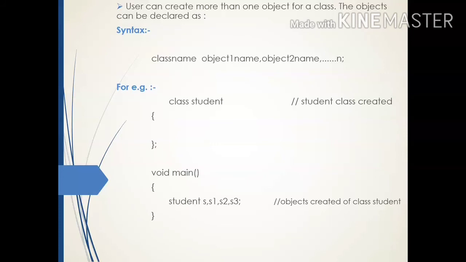Again here my class name is class student. In main function I am creating object of class student. So I am writing student space. I am totally creating 4 objects. My first object name is S, comma, second object name is S1, comma, third object name is S2 and my fourth object name is S3. So like this you can create for one class many objects.